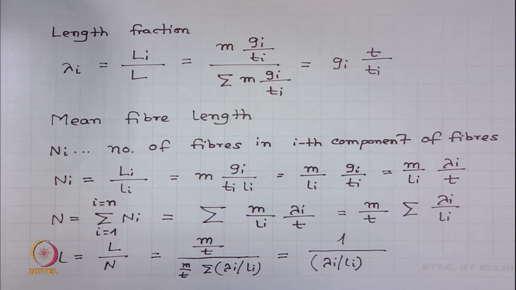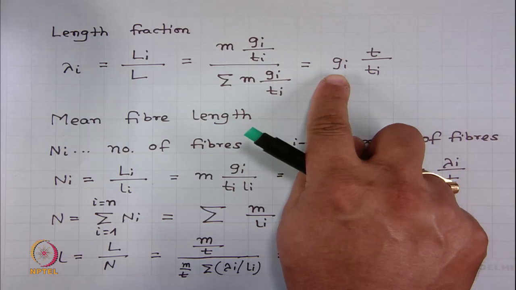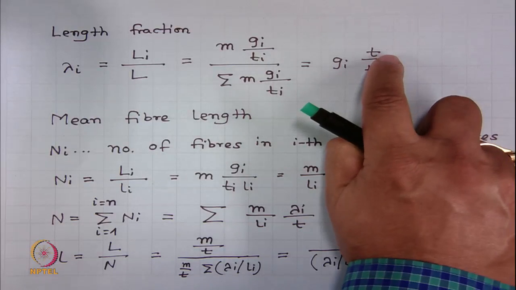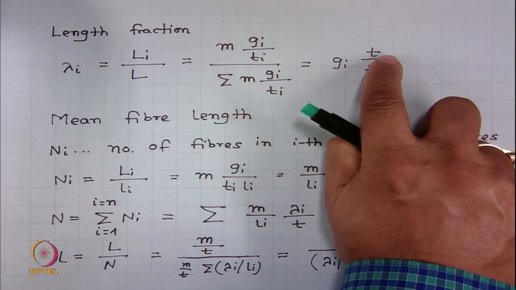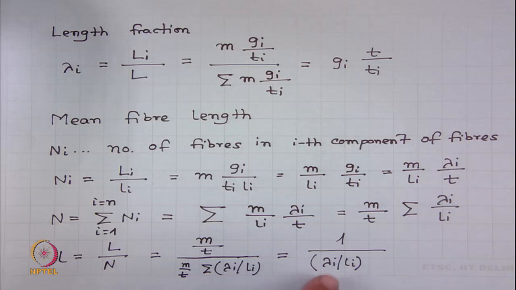So, if we know mass fraction of ith component fibers, fineness of ith component fiber, and the average fineness of fibers in the blend, we can find out length fraction. If we know length fraction and the individual length of ith component fibers, we will be able to find out mean fiber length.